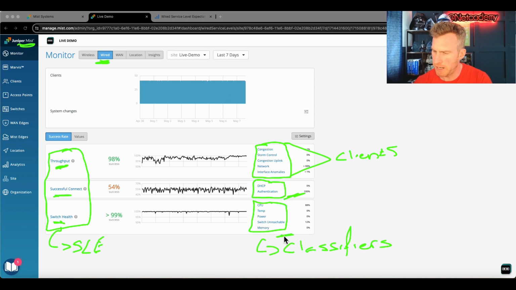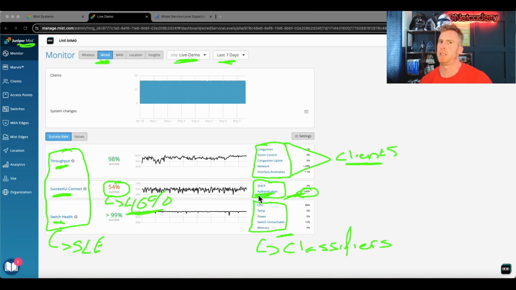So if we put this into perspective, when we look at successful connects, 54% of clients that are connecting over some form of Ethernet cable to the network, for this particular site over the last 7 days, actually connected successfully. And what you can see here is the classifiers breaking it out. Where has that missing 46% gone? The classifiers are defining here that 100% of that missing 46% is due to authentication.